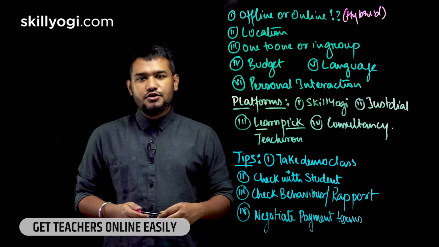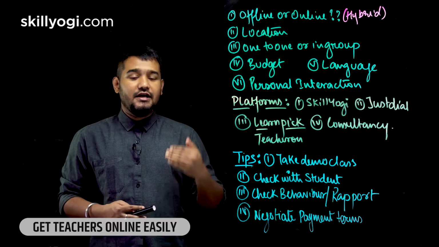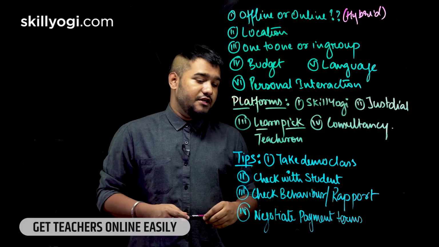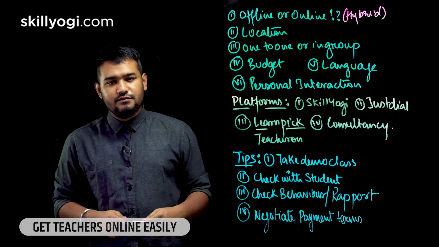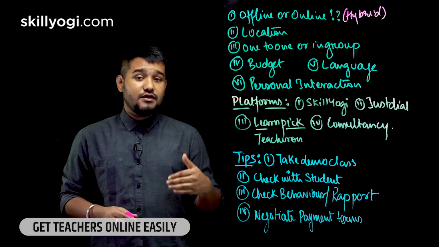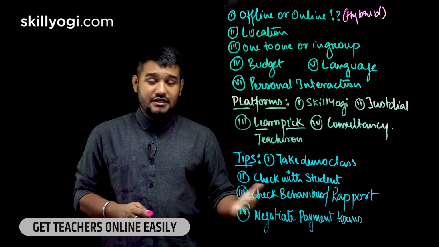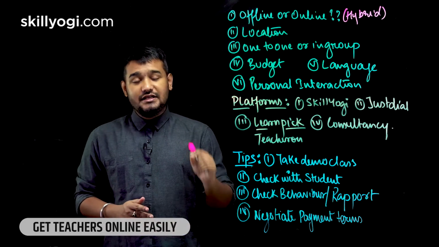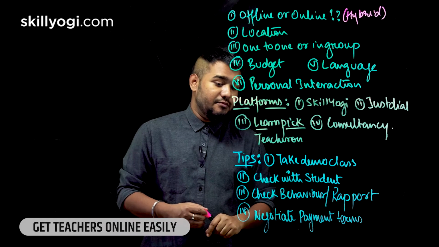But I strongly suggest that you take at least 2 to 3 demo classes, so you can have a fair idea of how the teacher is teaching and what the style of teaching is. Next thing is, after you take the demo class, you have to check with the student whether the student is able to understand and grasp whatever the teacher is teaching, and whether the teacher is able to understand the student and able to teach him or her.